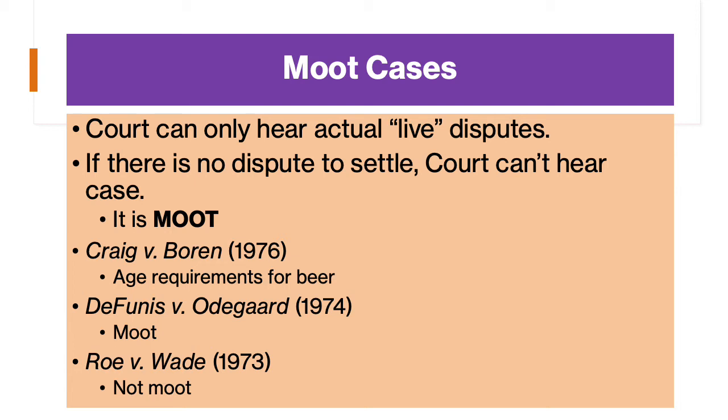The case was moot. So they had to keep coming up with younger litigants as they were still preparing for the case to work its way through the court in order to mitigate against mootness. Your textbook also talks about DeFunis v. Odegaard and Roe v. Wade as an example of a moot case and a not moot case. I'll just leave it to you to read those two cases now that you have a better understanding of mootness.